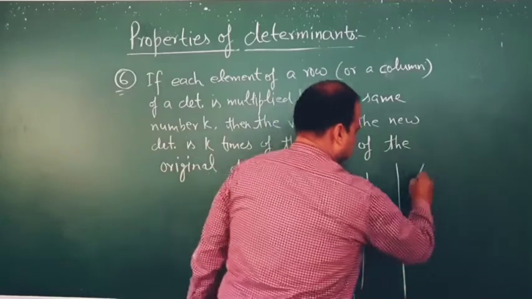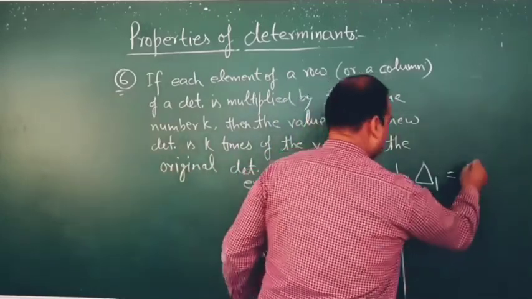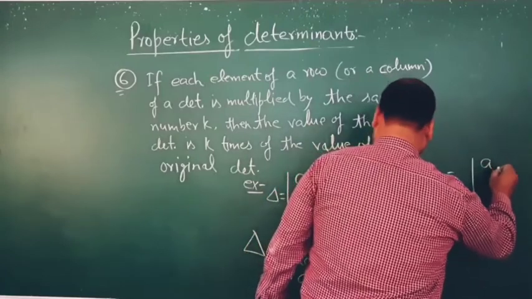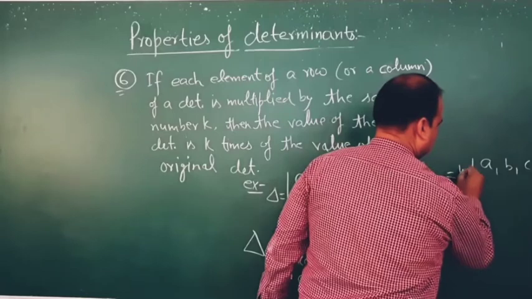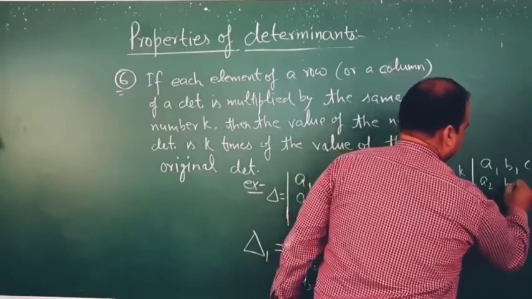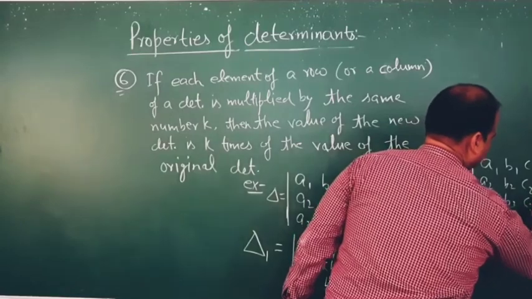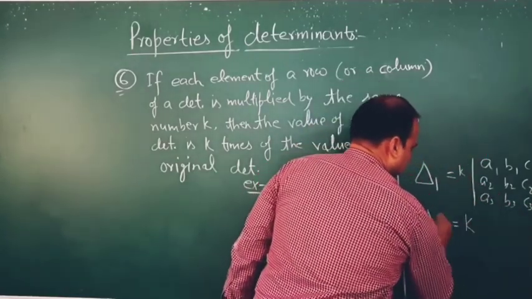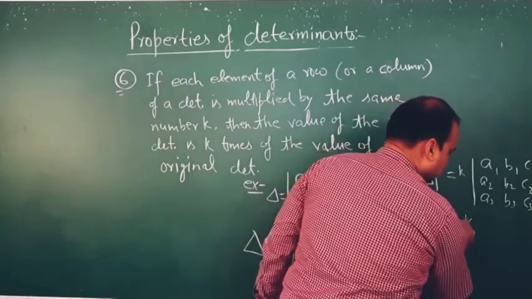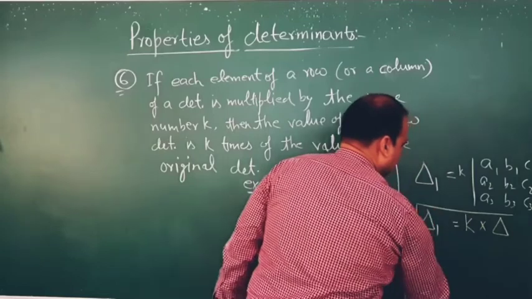It means the value of the new determinant equals k times the original determinant.